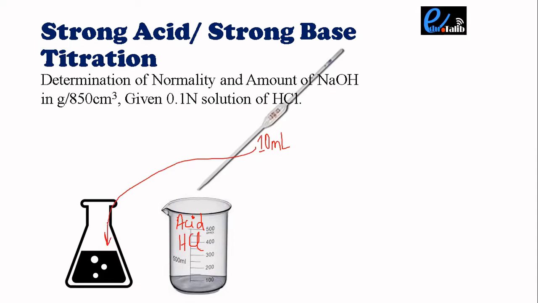Currently this conical flask has 10 ml HCl, and then you have to add a couple of drops of the indicator. Which indicator do you have to use? You have to remember, it is phenolphthalein.